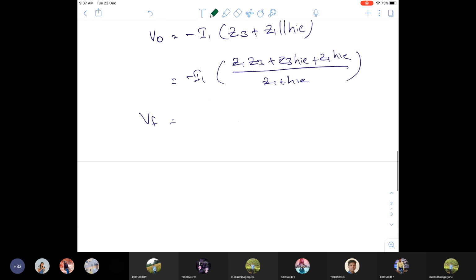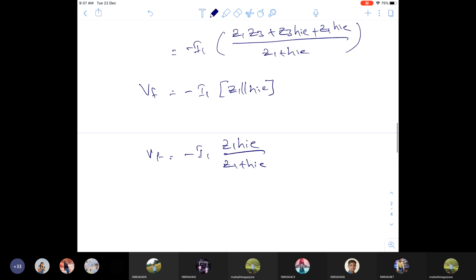So from this, minus I1 into Z1 parallel to HIE. So that is equal to VF is equal to minus I1 into Z1 HIE by Z1 plus HIE. Okay, now substituting beta. Beta equal to VF by V0, that is equal to minus I1 into Z1 HIE by Z1 plus HIE divided by V0.